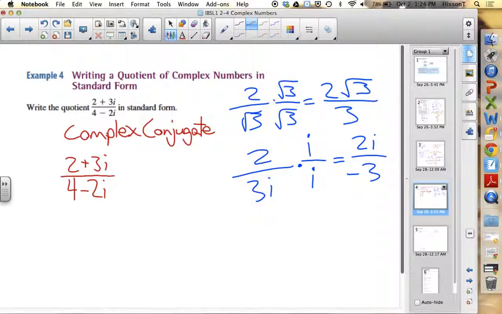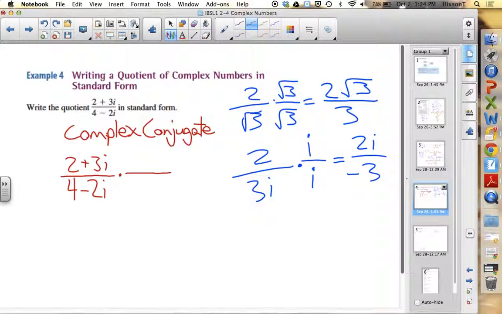Like you multiply 4 minus 2i times -1. Not quite, you can't just multiply by -1. It's similar to what we did before, it takes out the middle term.